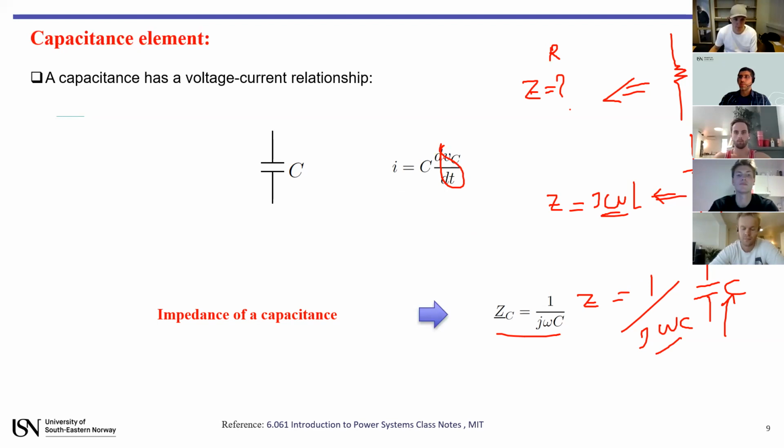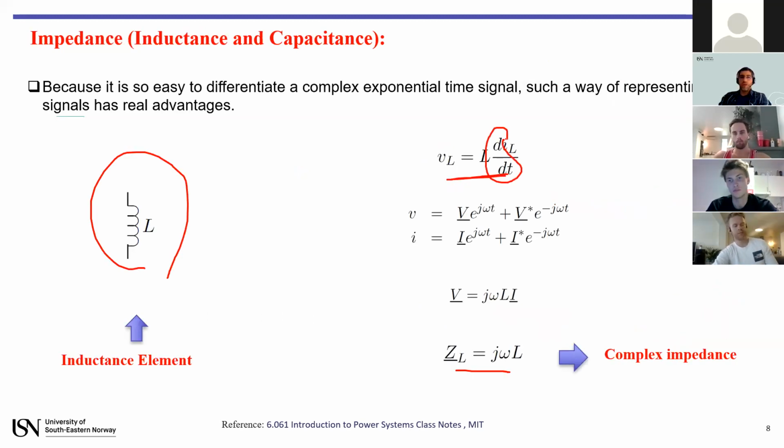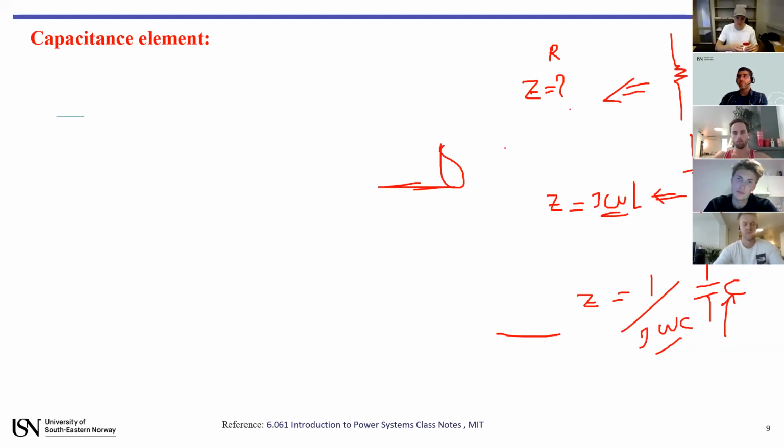This j omega is because of the derivative we have in the formula of voltage and current in the capacitor and in the inductor. When you have a derivative in the relationship between voltage and current, you will have j omega in the phasor domain.